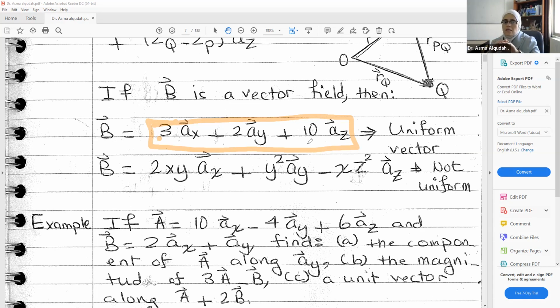It has the same magnitude in every single place in the region.